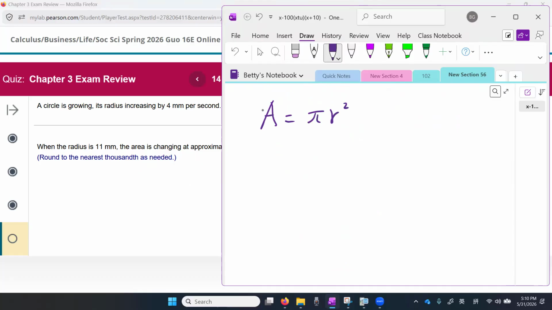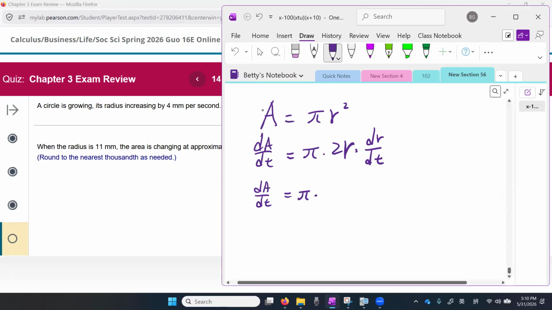We take the derivative of the left side and right side with respect to t. dA/dt equals constant pi times 2r, the derivative of r squared with respect to r is 2r, and then times dr/dt. And we are looking for dA/dt.